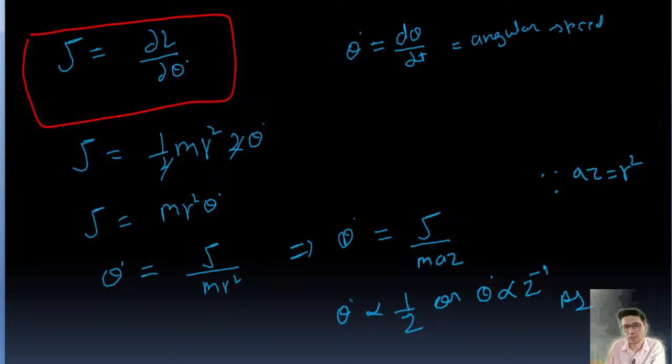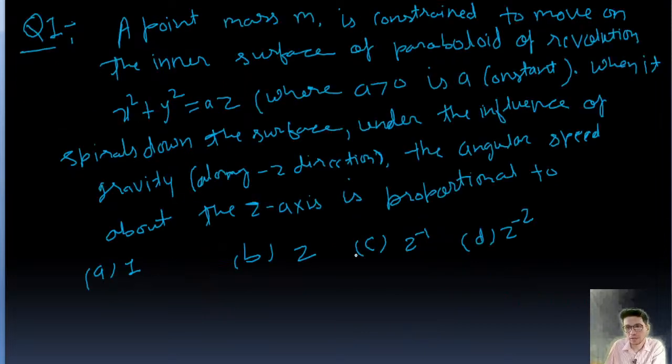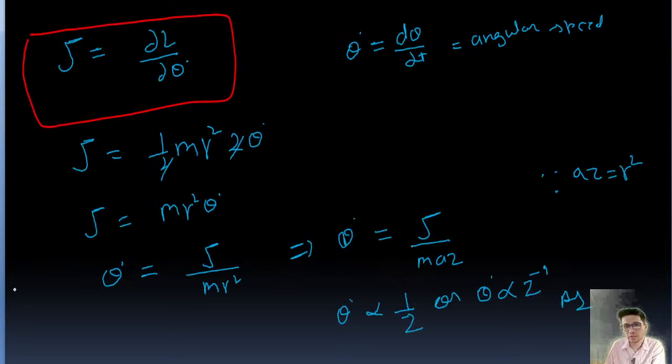Which option is matching, guys? Option C is matching, so option C is the correct option. I hope you have understood it, guys. Very good question. For solving this question, you should know the Lagrangian and cyclic coordinate system.